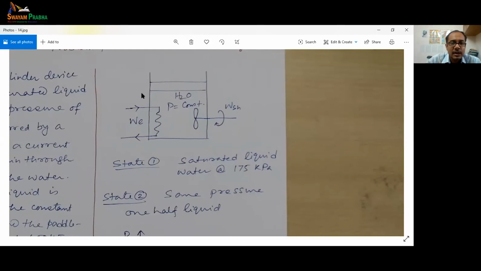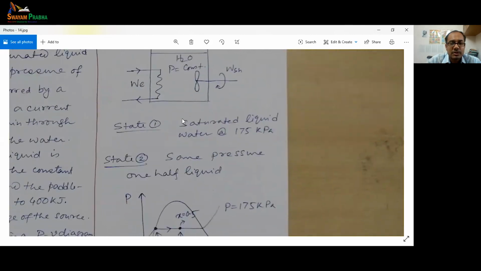And there is one resistor, an electrical coil, which is giving electrical work. WE stands for electrical work, and that's going inside this water body. And a constant pressure process is being followed because the piston has a constant weight. So if it goes up and down, it will be a constant pressure process.